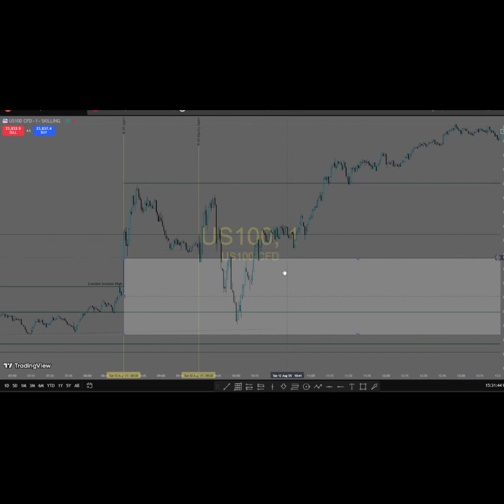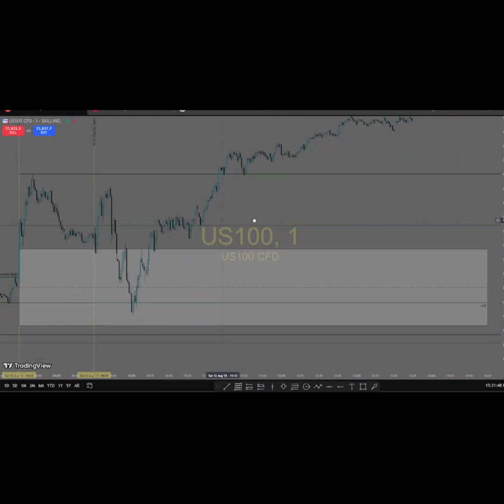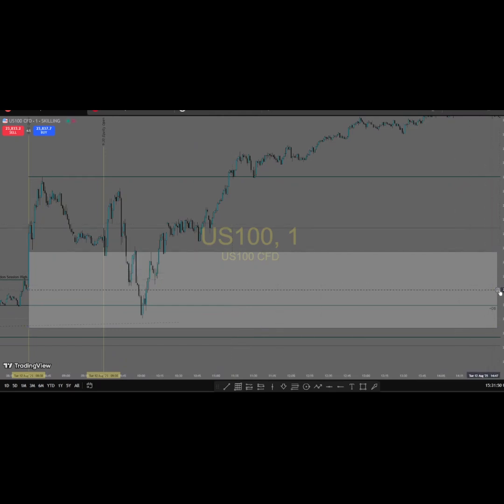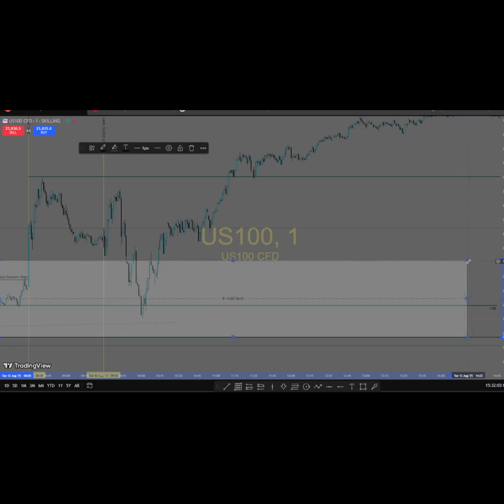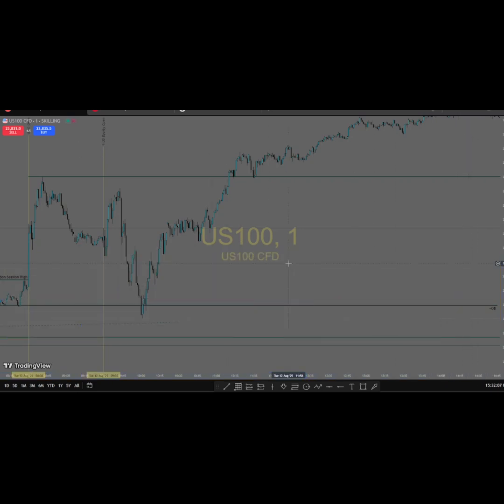This is the rectangle that I shaded so that when we narrow down into the price action, I won't get lost. Okay, I think its work is done, so I can just delete it.